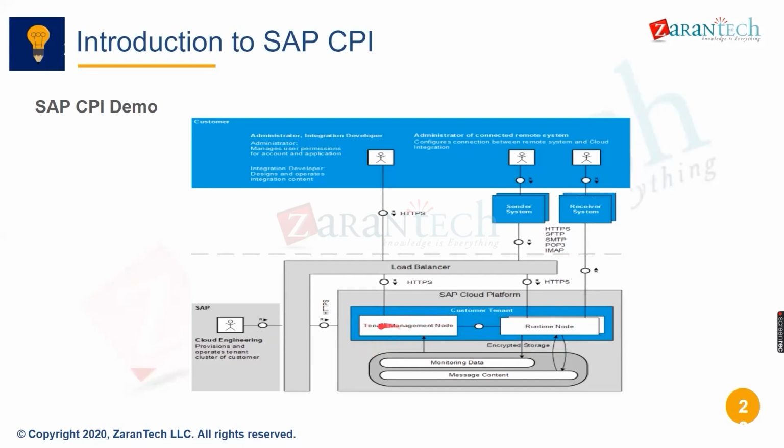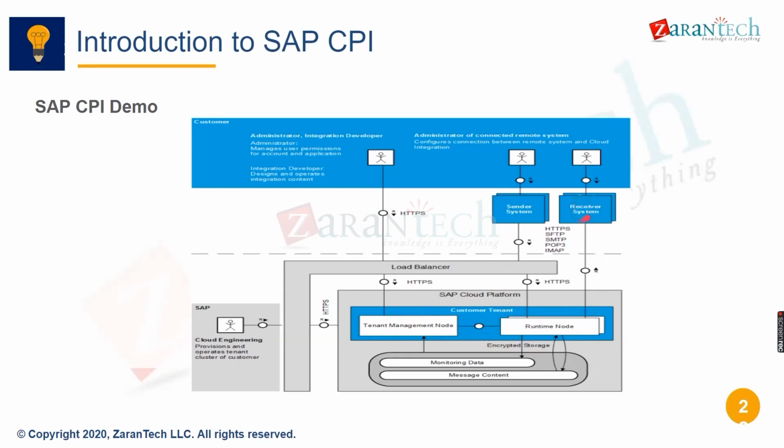Here also, the tenant management node is the front end and the runtime node is the back end. Whenever you send the data to the tenant management node, it executes all the steps. Meanwhile, whenever it is executing these steps, the data will be stored on the runtime node.